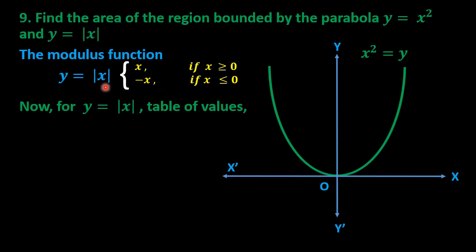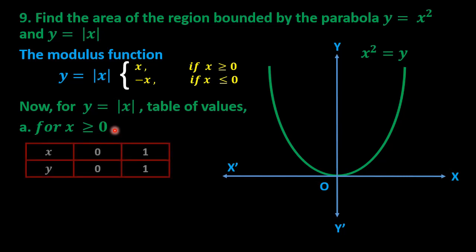Now for y equals mod of x, we make a table of values, which will help us to plot this line on the graph. Now for x greater than or equal to 0, we need to get 2 points, and because of x greater than or equal to 0, the x value can be 0 also and greater than 0.